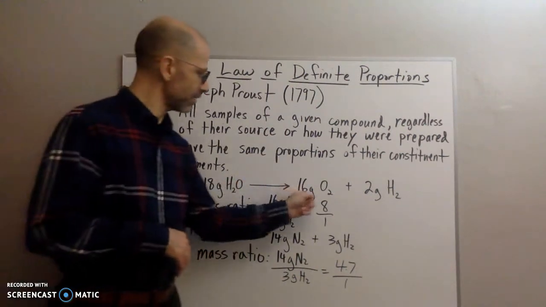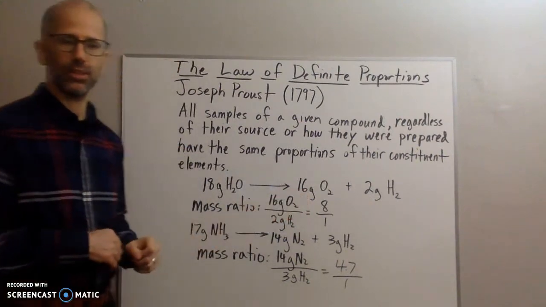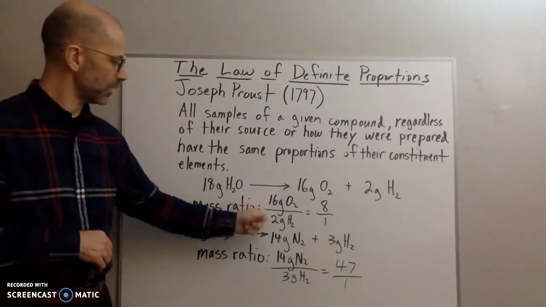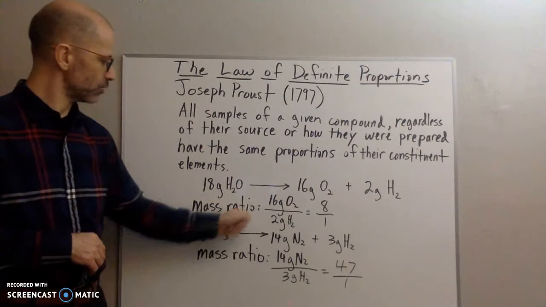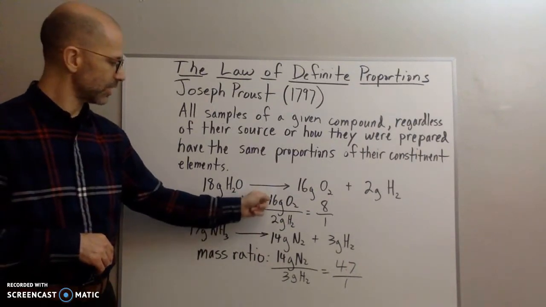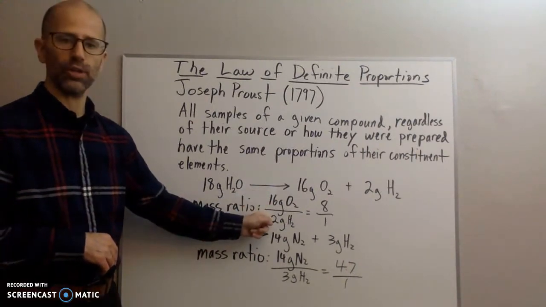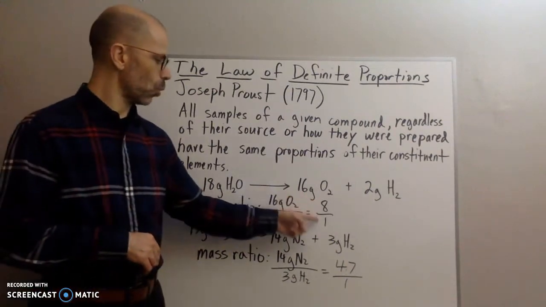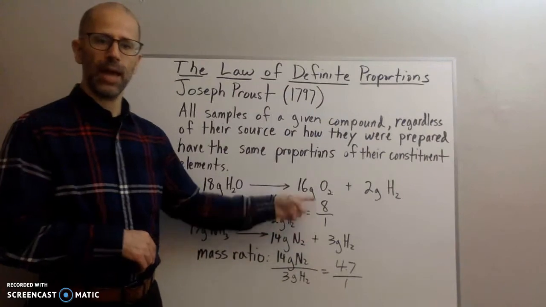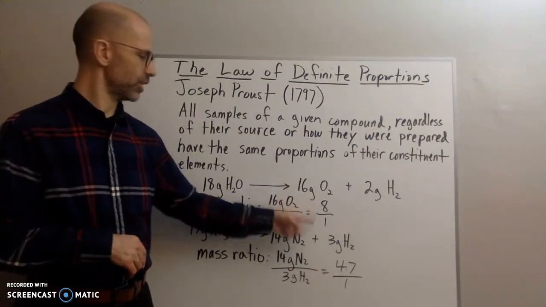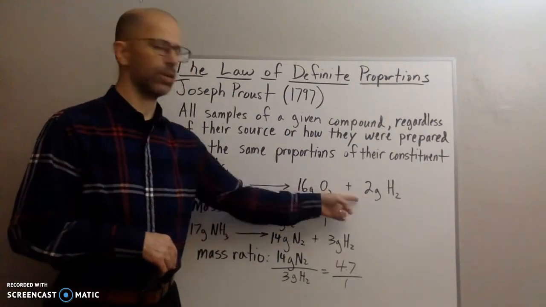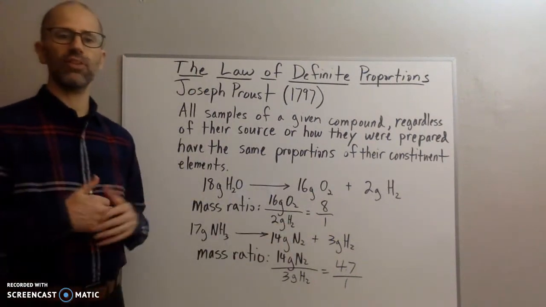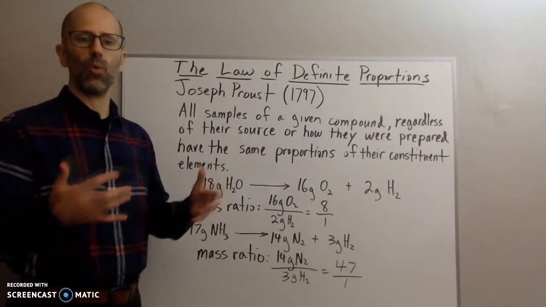If I take the masses of their constituents and put them in a ratio, so I get a mass ratio, in this case 16 grams of oxygen over 2 grams of hydrogen, then that's going to come to an 8-to-1 ratio. And that ratio, that proportion of the constituent elements, is going to be the same no matter where I get my water.